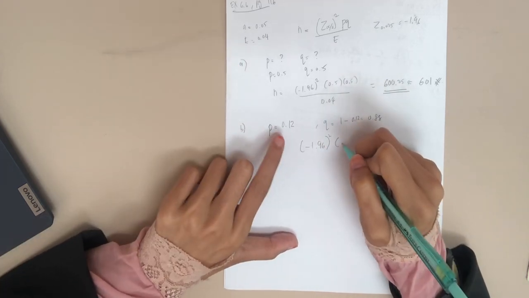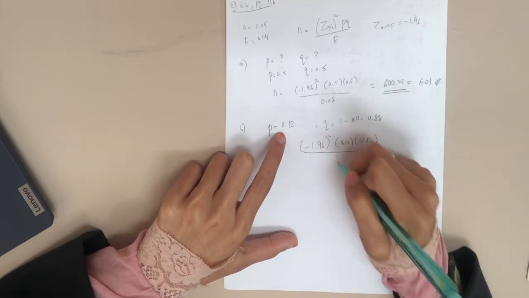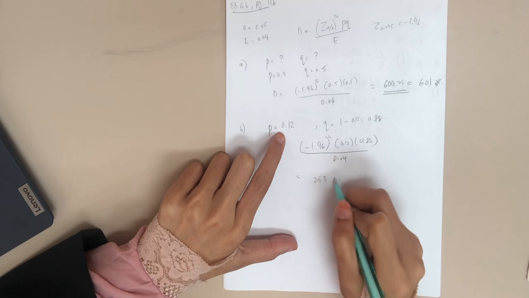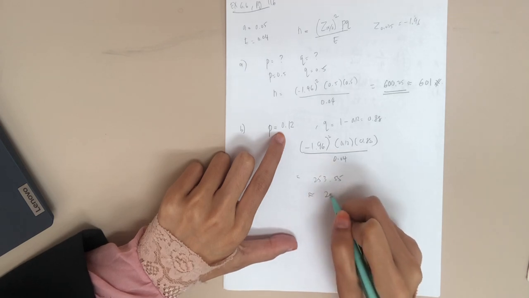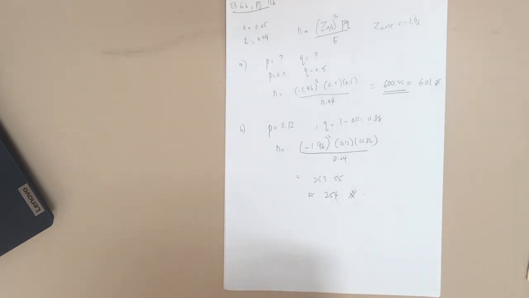The difference here is only the value of P and Q, and the error is still the same. Therefore, you will get this answer, and you round it off, so the final answer should be 254. Okay class? Alright, so that's it for Chapter 6, which is estimation.